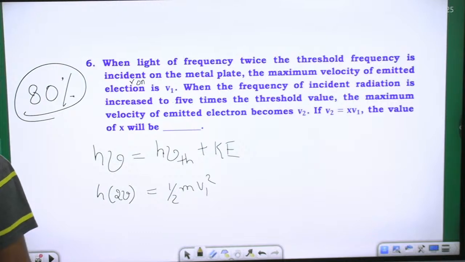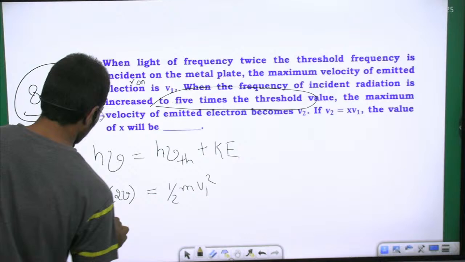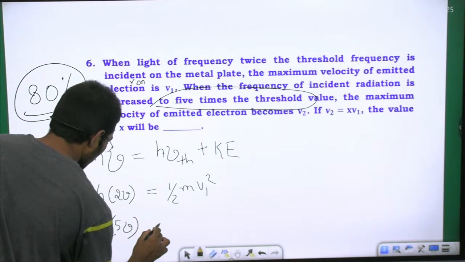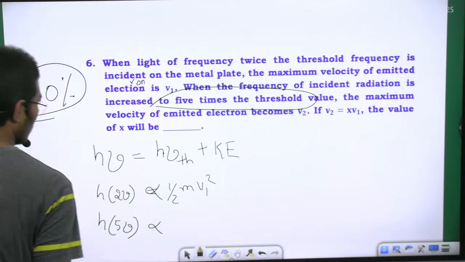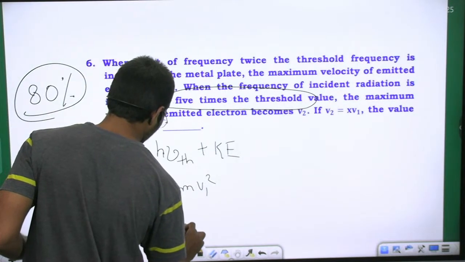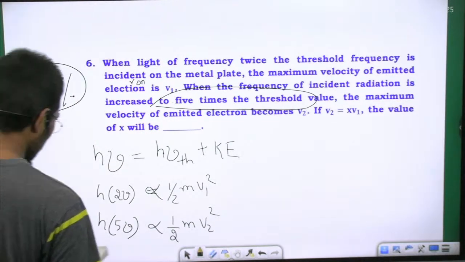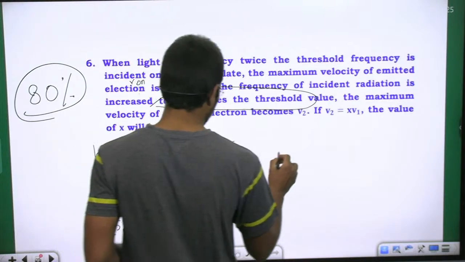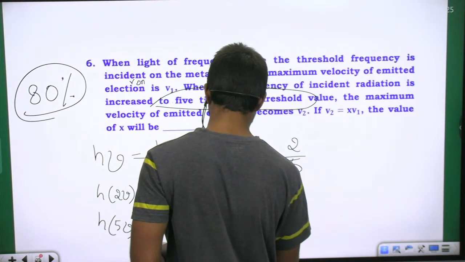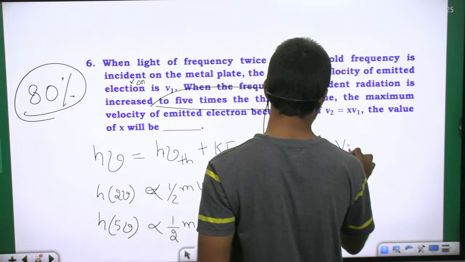If we increase to 5 times the threshold value, h 5ν. The maximum value of velocity will be V2. Directly divide 1 and 2. 2 by 5 is equal to V1 square by V2 square.